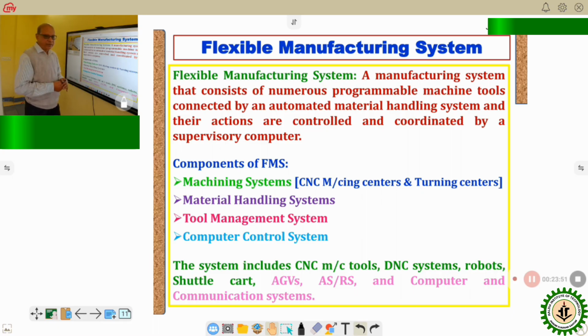And ASRS is basically a station for palletizing the raw material and depalletizing. That means when material is procured from the market and reaches the factory shop floor, it has to be stacked at a particular location, and that is also usually taken care of by the robotic system. That is exactly what is called automatic storage.